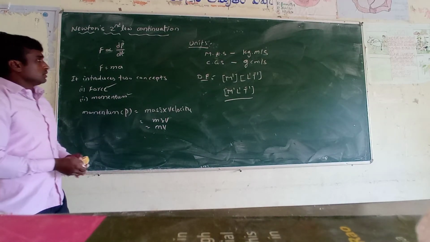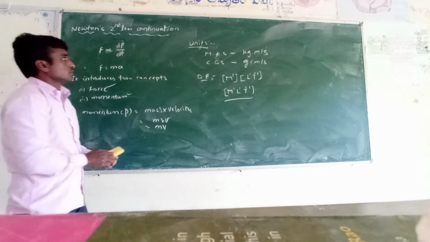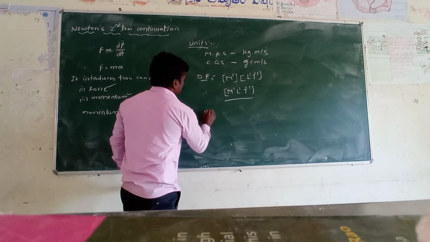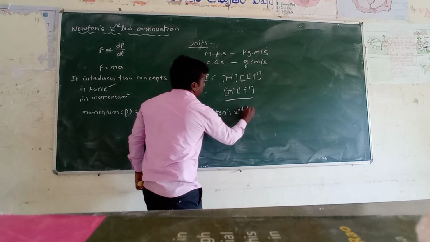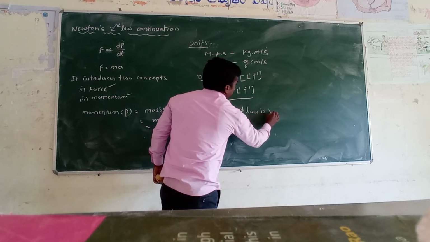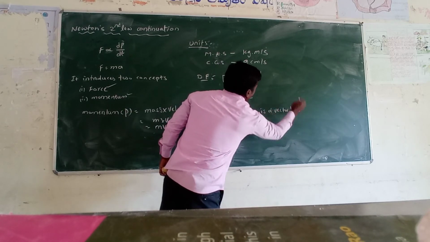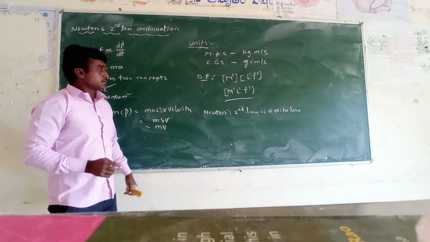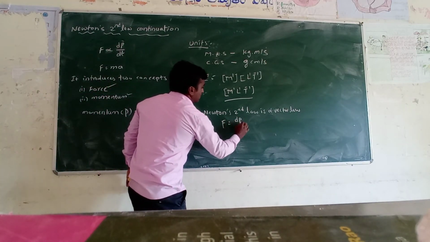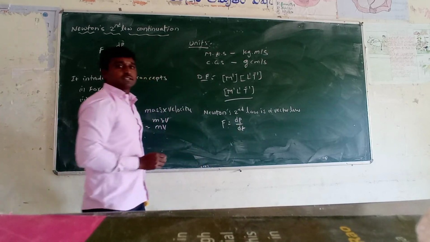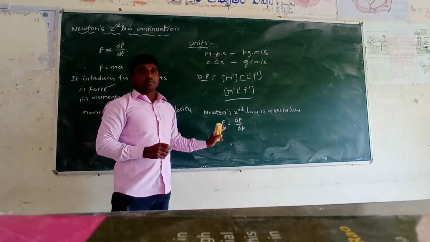Newton's second law is a vector law. What is Newton's second law? F is equal to dp by dt. We can write this equation in three components, by the component method.